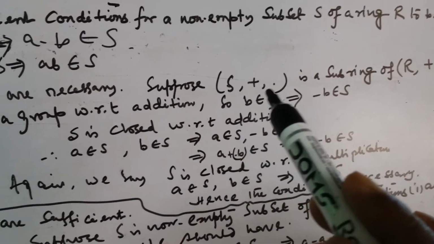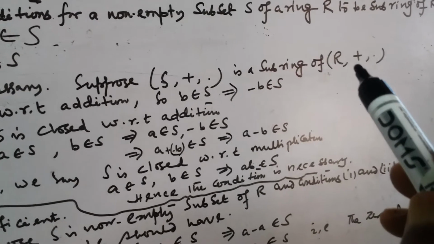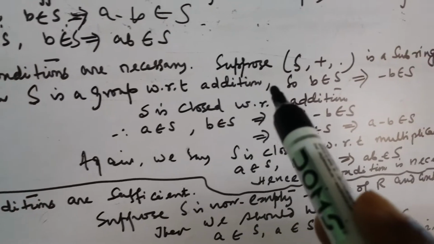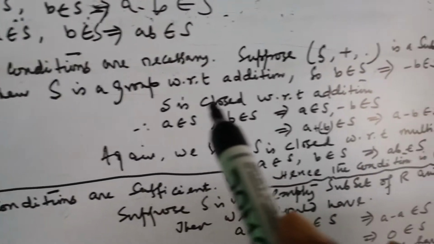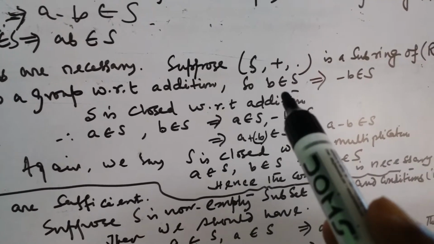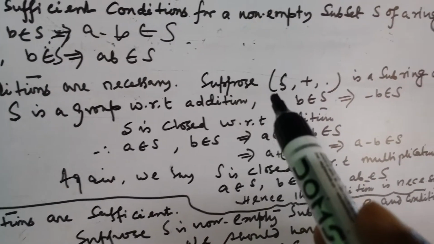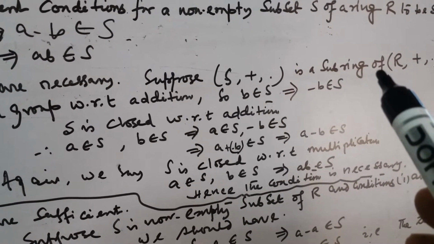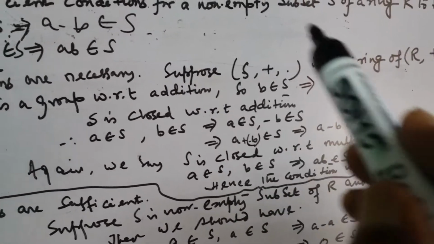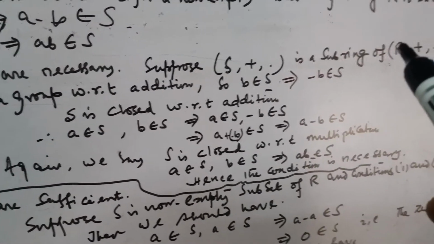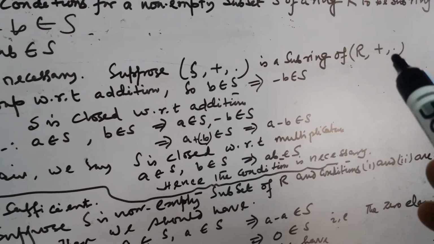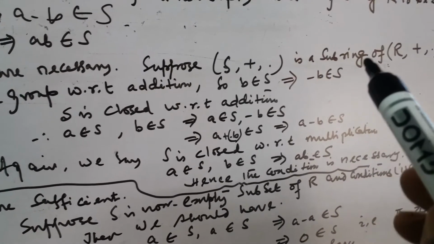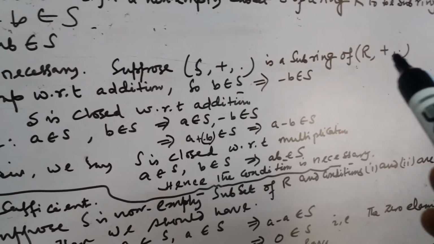Suppose S, plus and dot, is a subring of R, plus and dot.